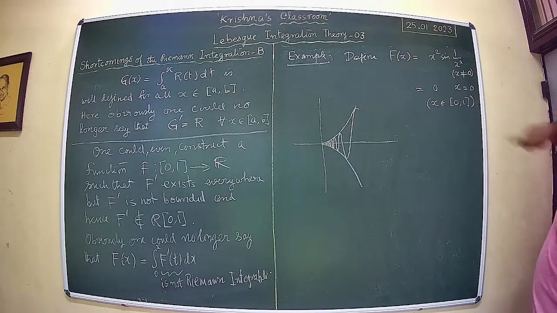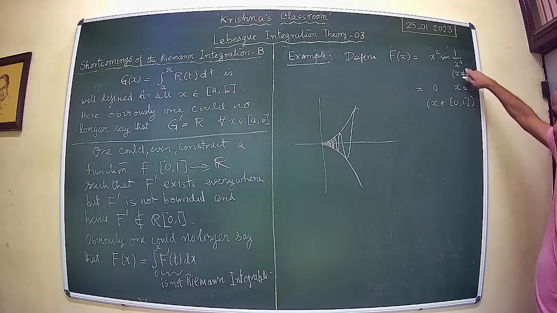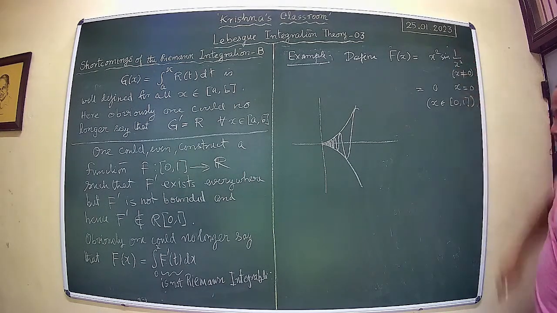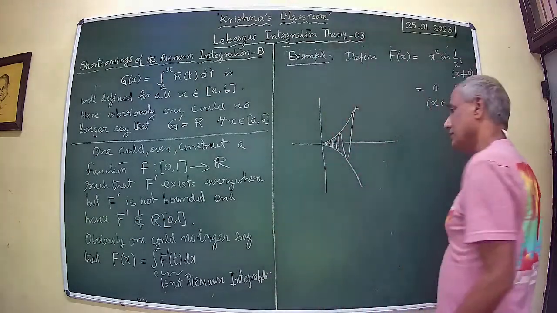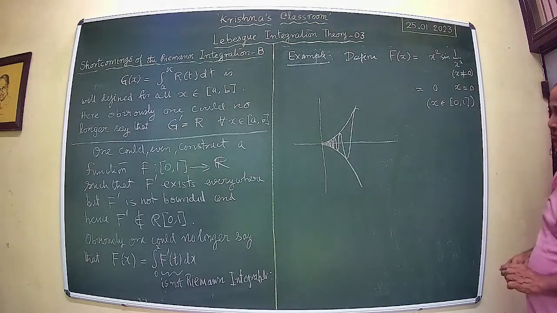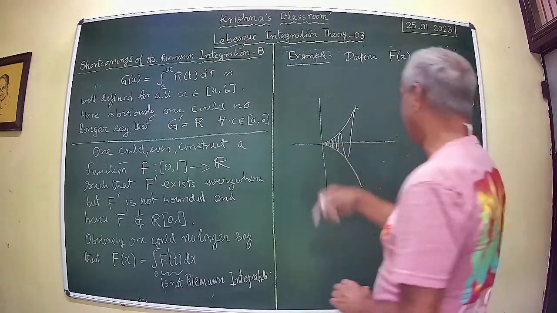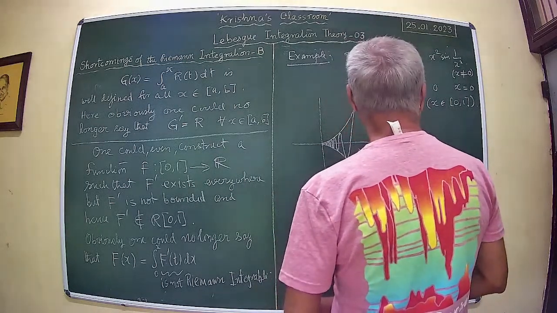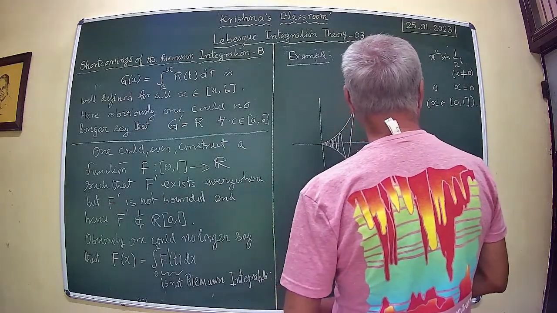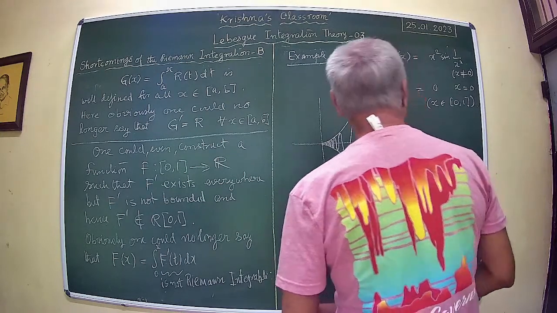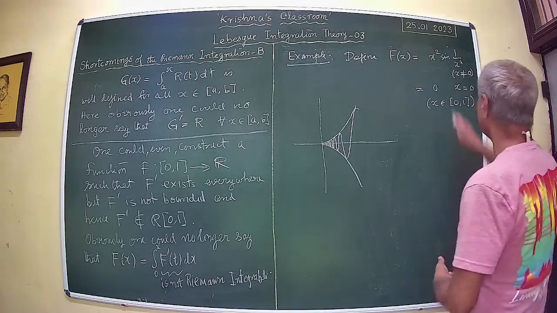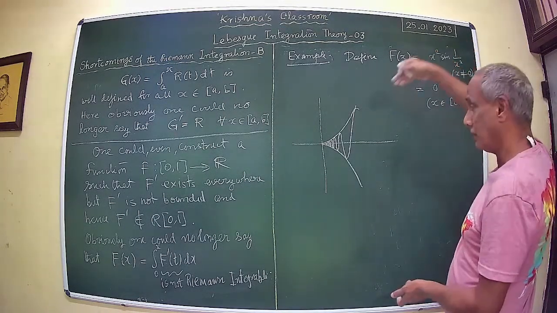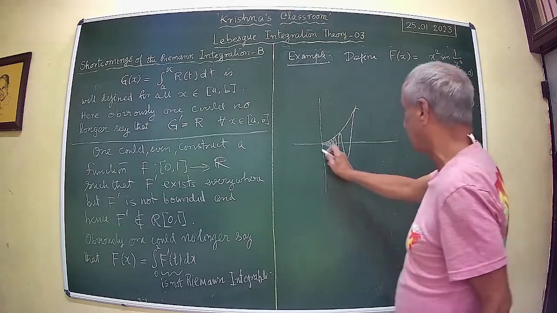As x tends to 0, 1 by x square becomes 0 very frequently; it runs through the points 1 by n pi. If you take x square equal to 1 by n pi, then you get sine n pi, appearing more frequently towards 0.